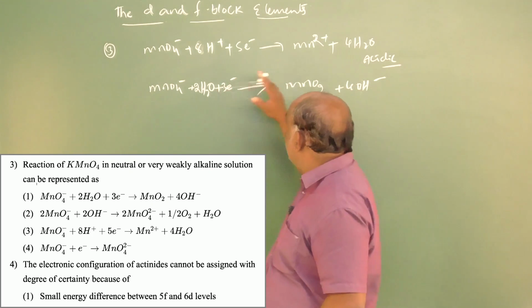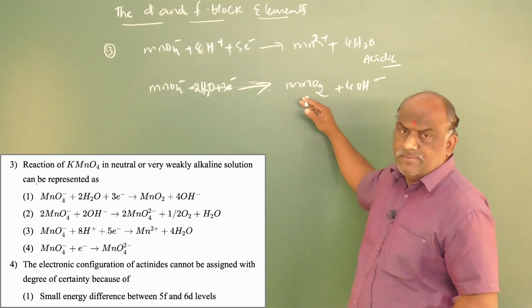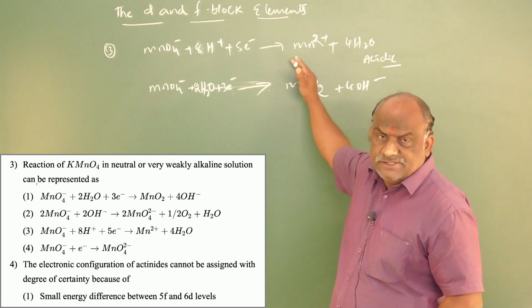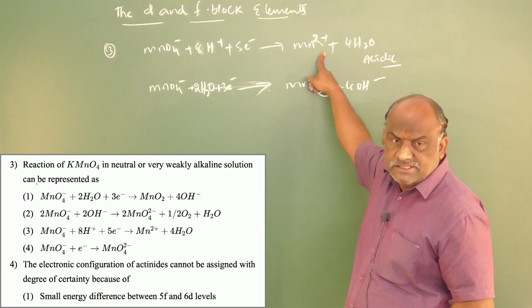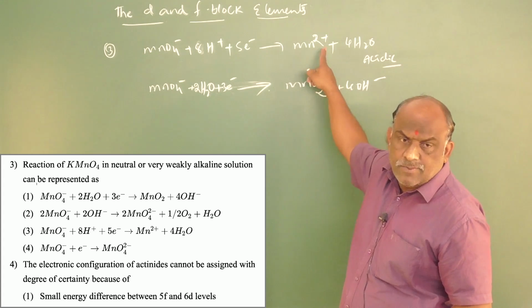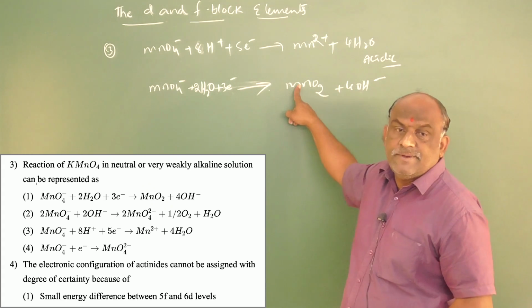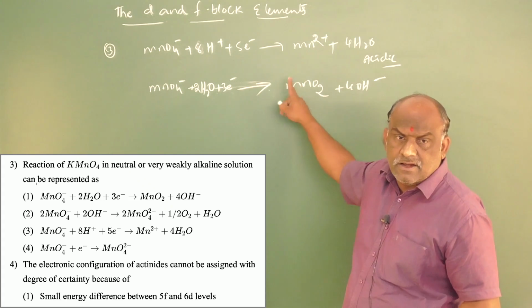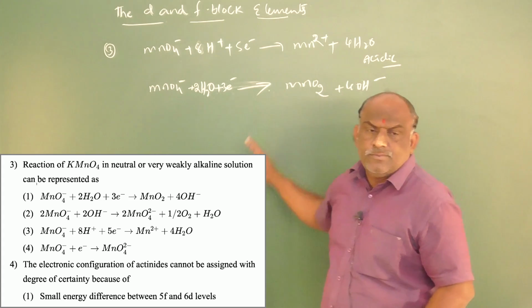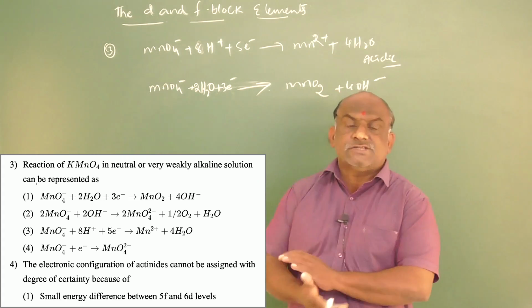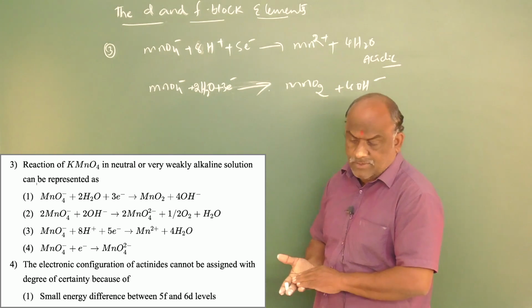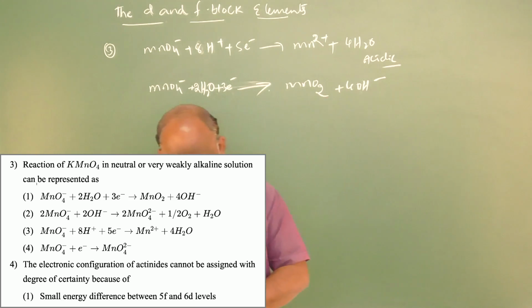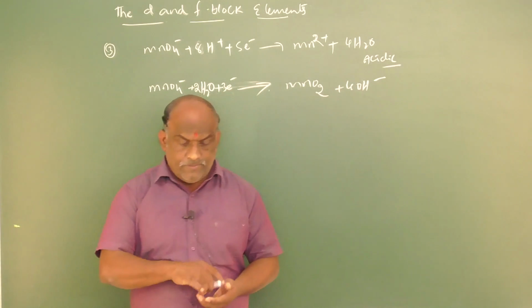These are standard equations, very, very important balanced half reactions. Option C is acidic medium, option 1 is alkaline, very weakly alkaline, or neutral medium. So make a note, my dear students, for question number 3, option number 1 is the right answer.